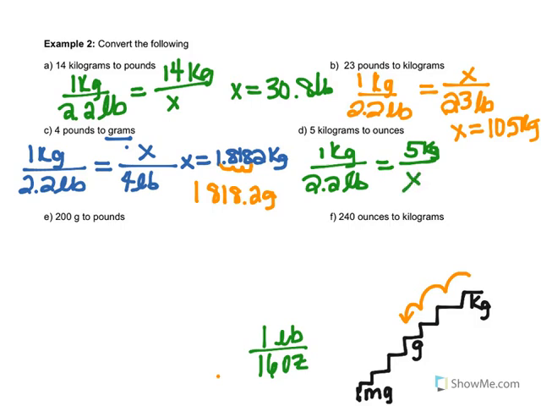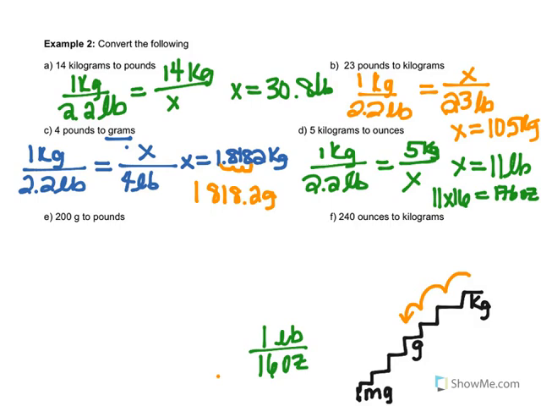So cross multiply and divide, and you should get 11 pounds. So we know that each pound is worth 16. So if I take 11 and times it by 16, I'll be left with ounces, so I'd be left with 176 ounces.